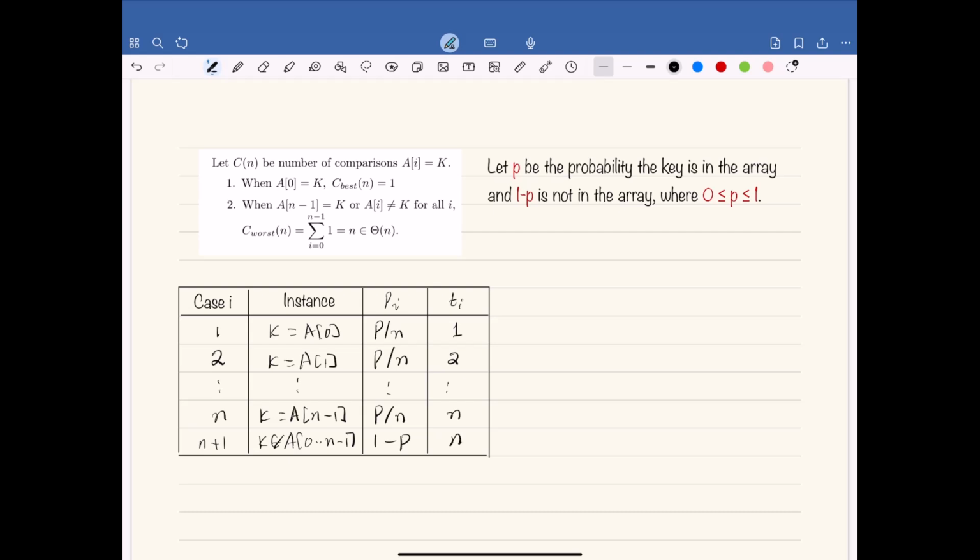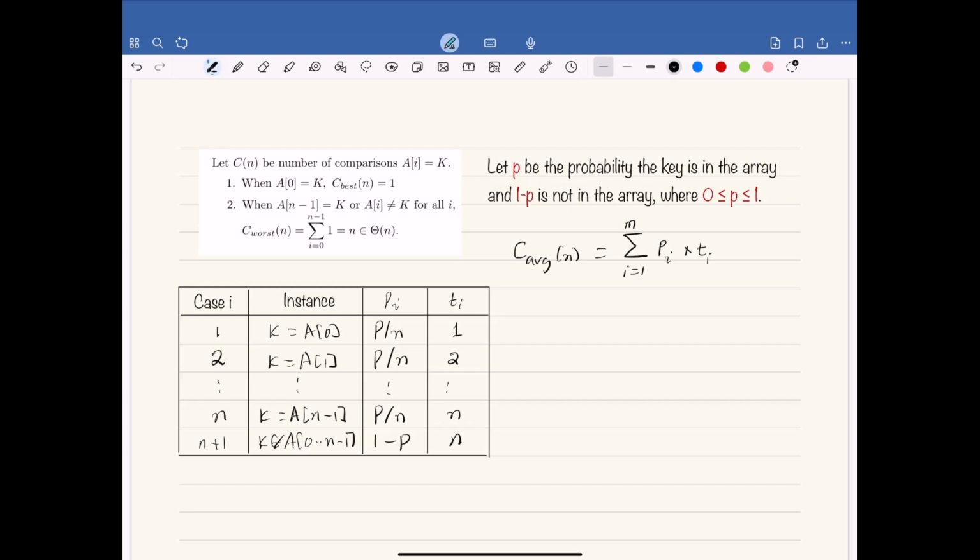To find the time complexity for the average case, we will apply the formula for the expected value of these cases. The formula is C average of n is equal to the summation for the number of cases from 1 up to m. We multiply the probability for case i by the number of comparisons for case i. The number of cases we have is n plus 1.